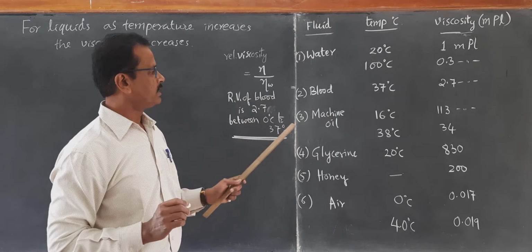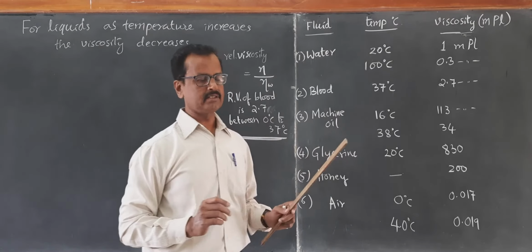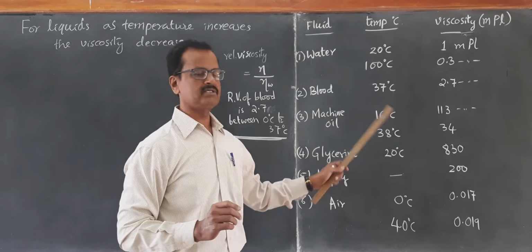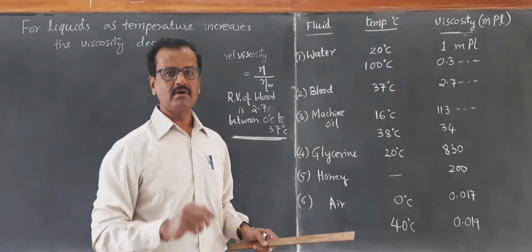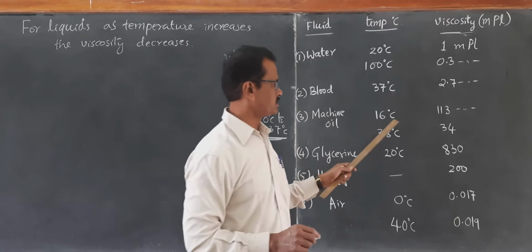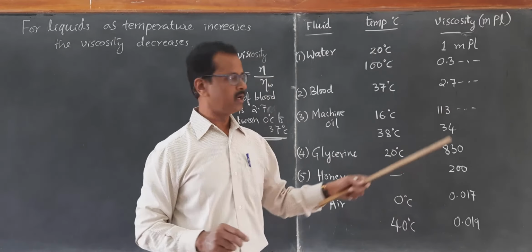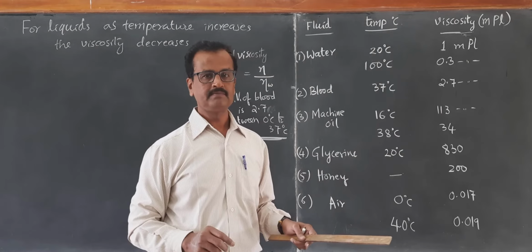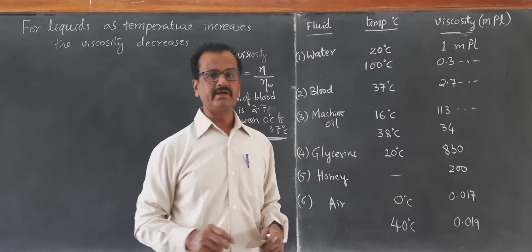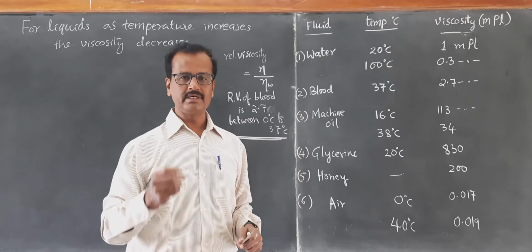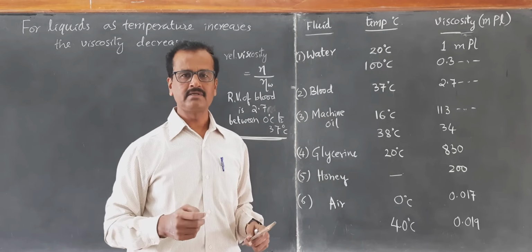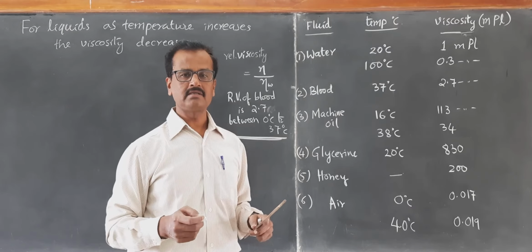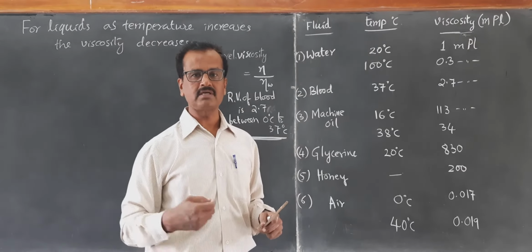Okay. Then machine oil, a very interesting thing. At a low temperature like 16 degrees Celsius, early in the morning, it has a very high value, 130 millipoise. At 38 degrees Celsius, it just becomes 34 millipoise. It's quite a common experience for all of us. When you start the bike early in the morning, it will not start immediately.